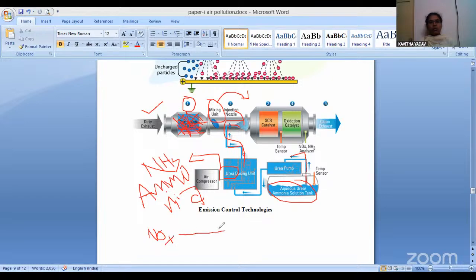Nitrogen compounds can break down in the presence of the SCR reactants, that is, urea as well as ammonia.